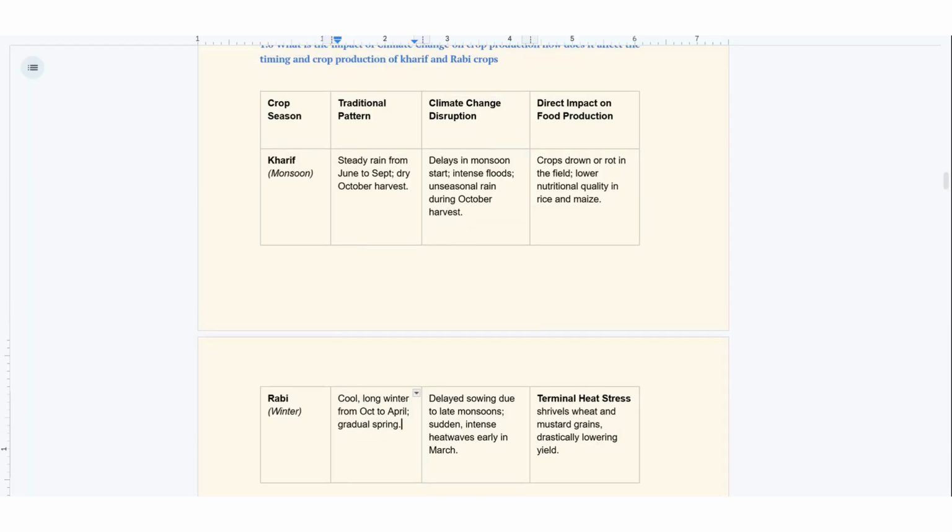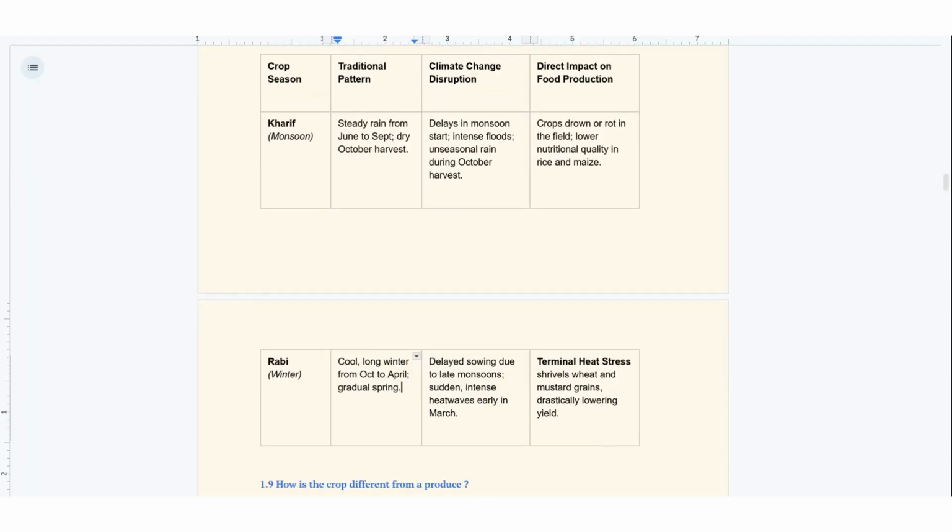Climate change disruption. If the climate changes, there are chances like even in summer we might get heavy rainfall, and in monsoon we might not get rain. So that is what it is talked about.